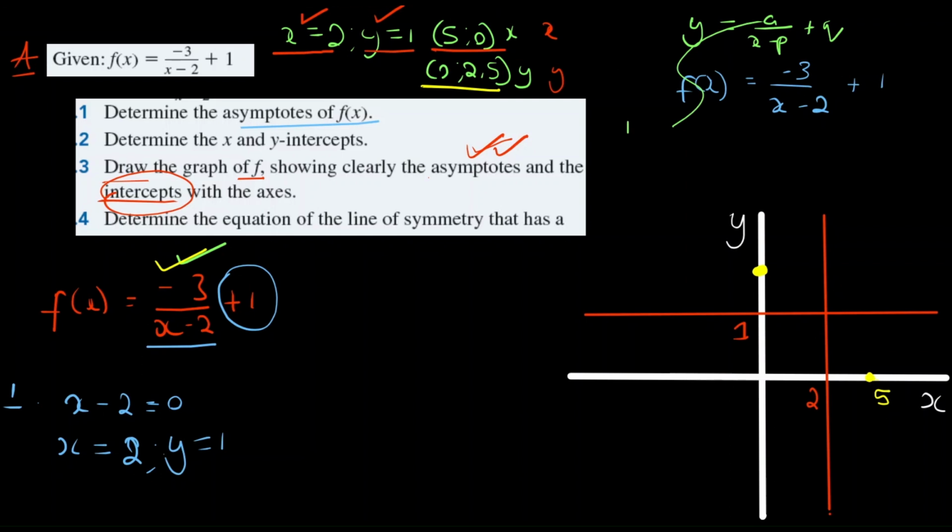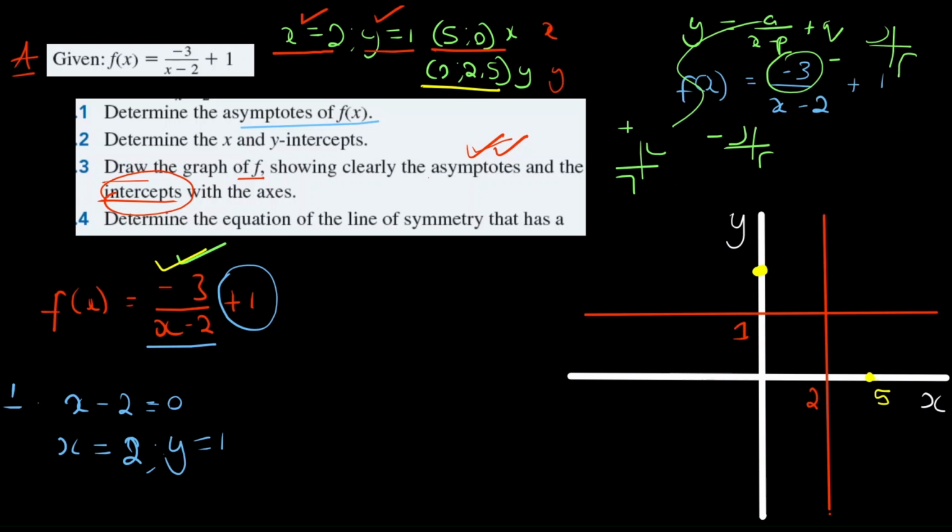So if a is positive, our graph will be in quadrant 1 and quadrant 3, and if a is negative, our graph will be in quadrant 2 and quadrant 4. We can see that a is negative, so our graph needs to be in quadrant 2 and quadrant 4.